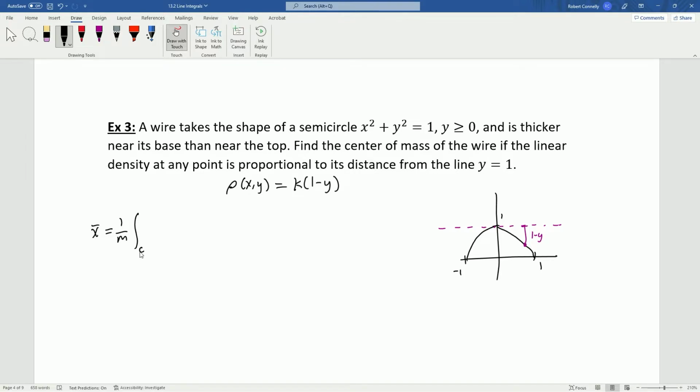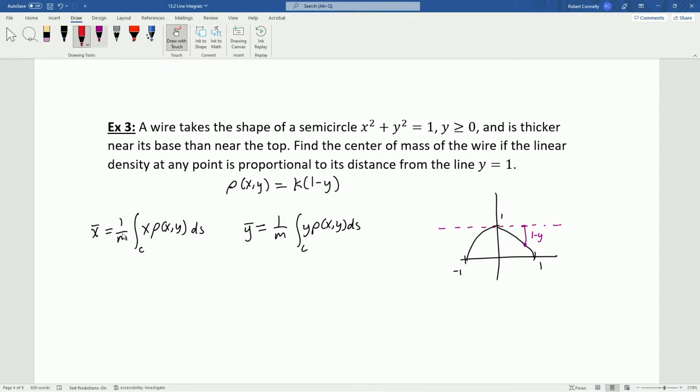So in this case, it's the line integral of x times rho of x, y ds. And the y coordinate for our center of mass would be 1 over m times the integral over C of y times rho of x, y ds.